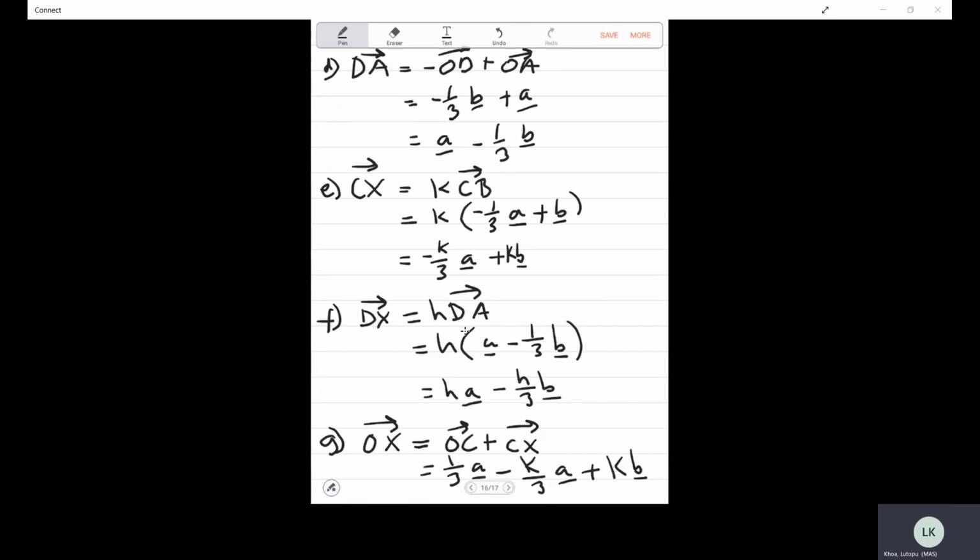So this is equal to 1/3 minus K/3 A plus KB.